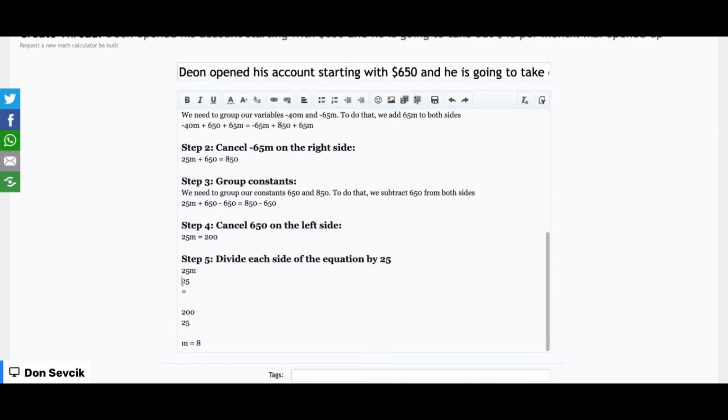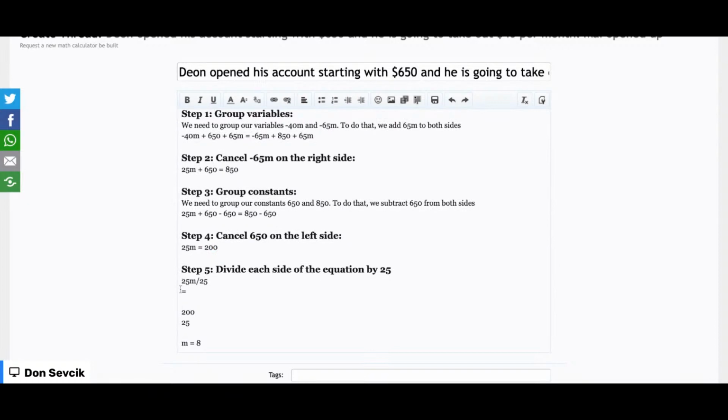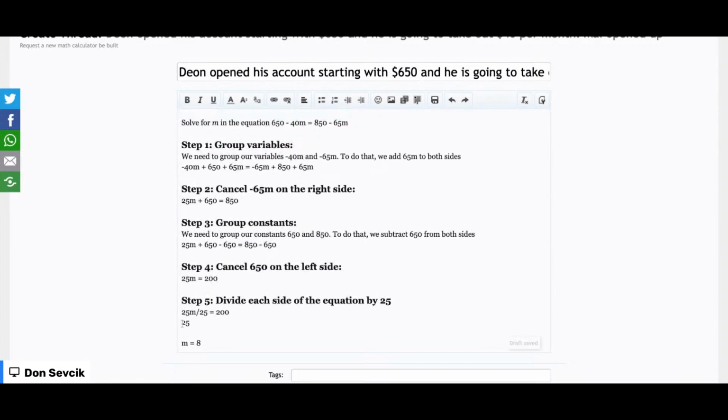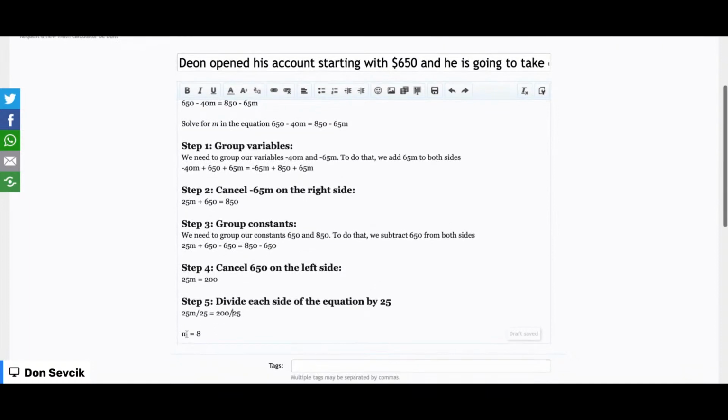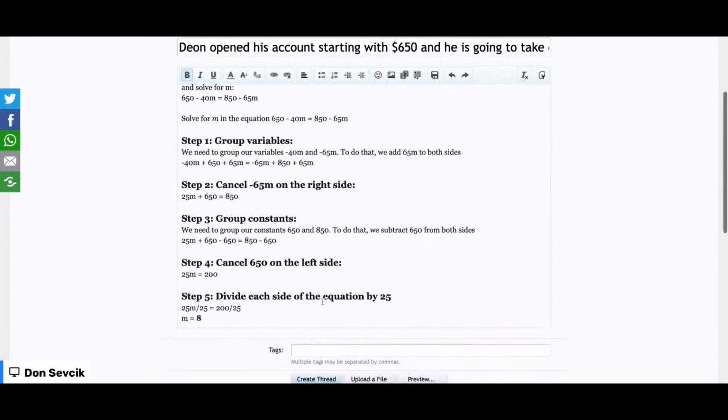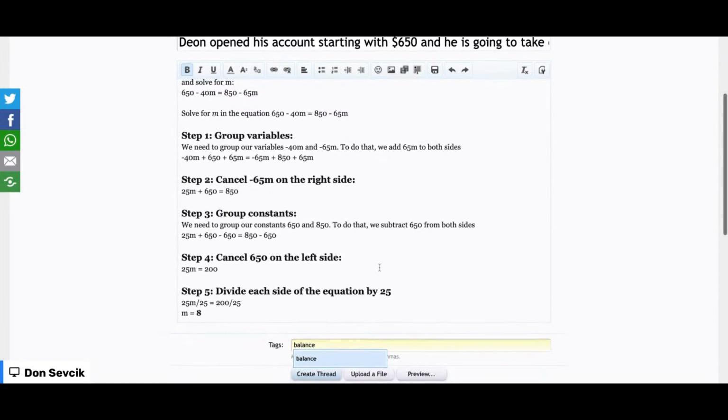And finally, I'm going to clean this up because the paste from the main site is thrown off with table designs. Got this. Your final answer is m equal to 8. So at the 8th month, both balance equations will equal each other, and that is your answer. So we've got balance equation.